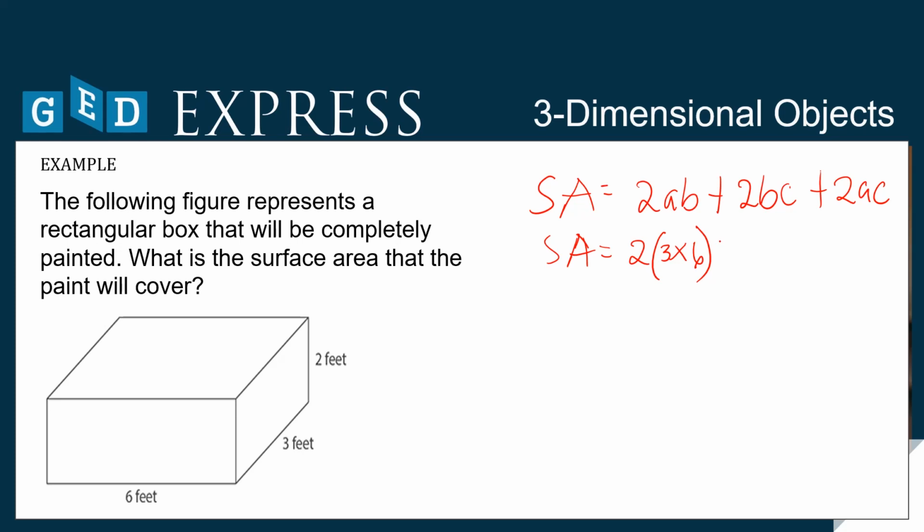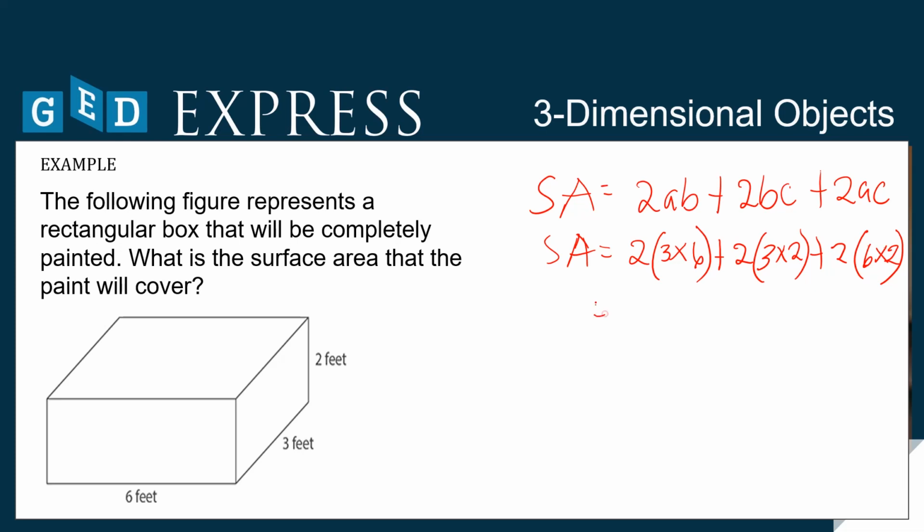The sides are made up of two rectangles measuring 3 feet by 2 feet. So we have 2 times 3 times 2 plus, finally, the front and back are rectangles that measure 6 feet by 2 feet. 2 times 6 times 2.